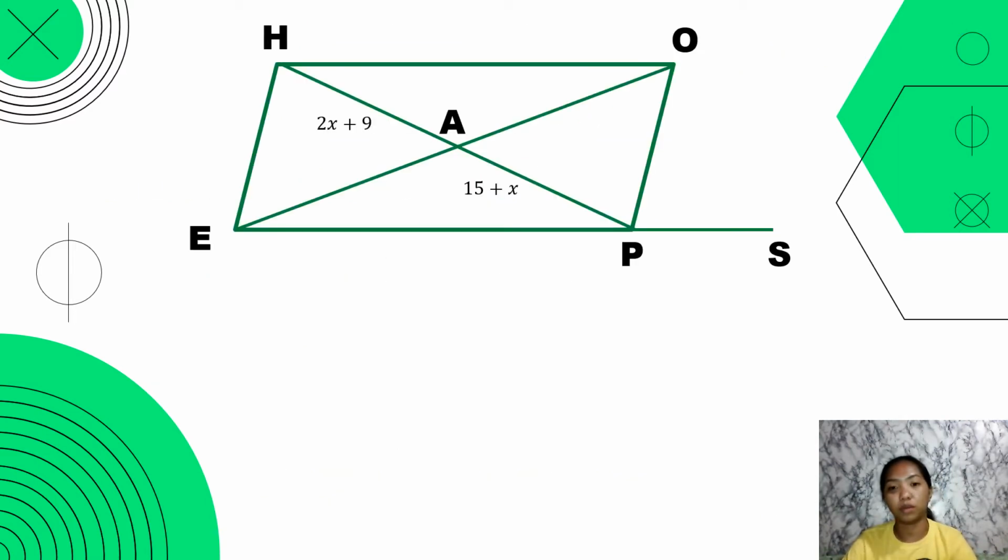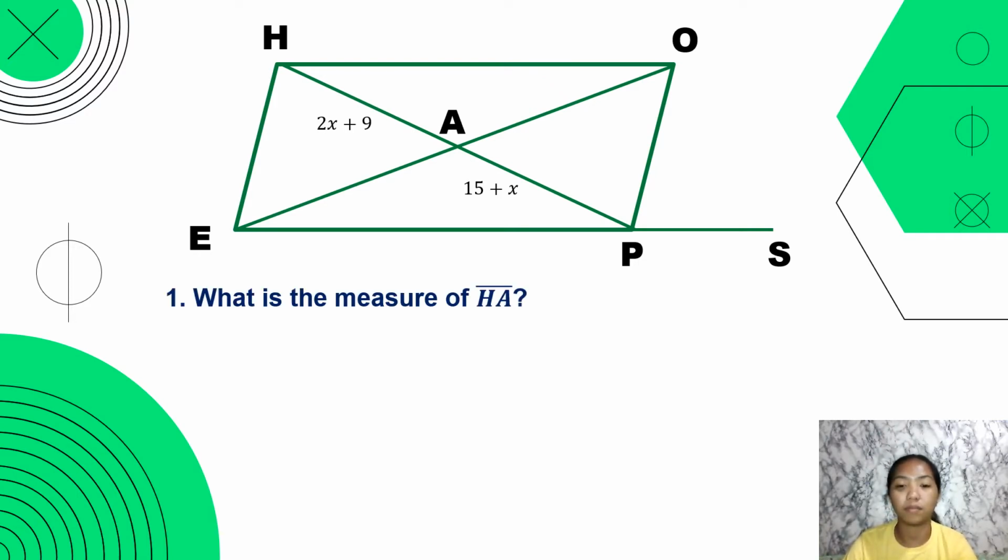Let's try this one. We have parallelogram HOPE with the diagonals intersecting at point A. What is the measure of HA? So HA is this one. And remember that the parts of the diagonal, HA and AP, are equal.